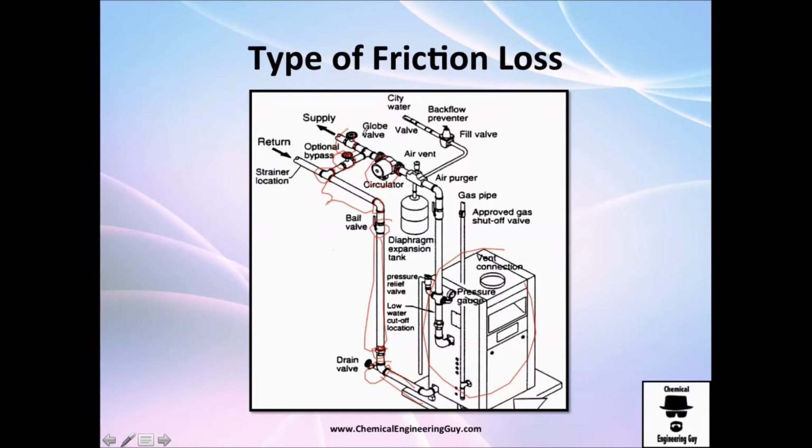All these little fittings right here cause friction loss, and every pipe by nature causes friction. So we're going to see in this block essentially how to calculate friction due to wall, which will be a pipe, and due to each fitting and valve installed in the pipe.